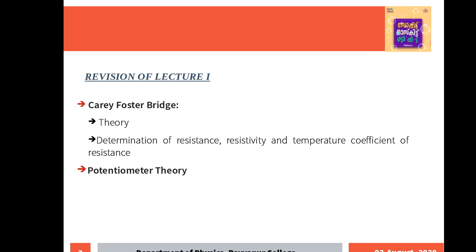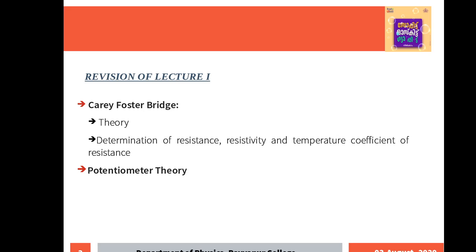We take that cell in the second arm, or secondary circuit, and balance its potential against the potential drop in the wire, where we get null deflection in the galvanometer. That potential difference is always equal to the potential difference per unit length of the potentiometer wire into the balancing length we got.